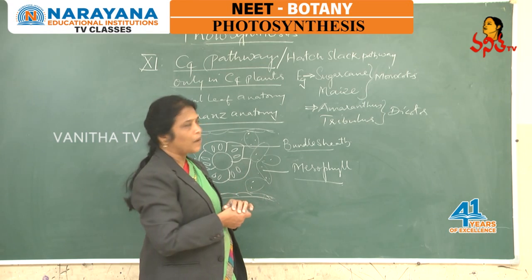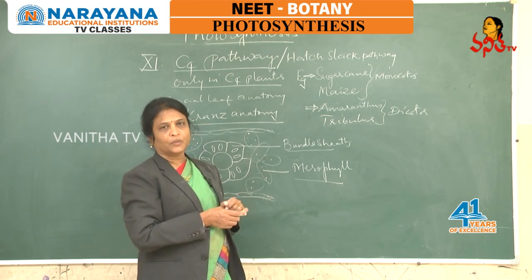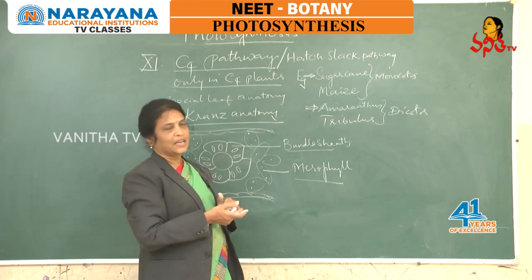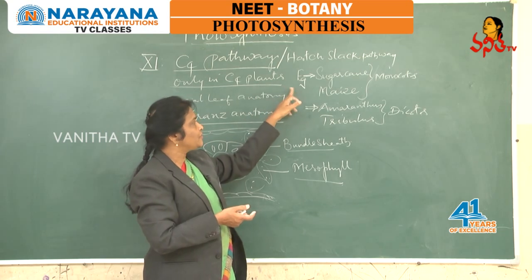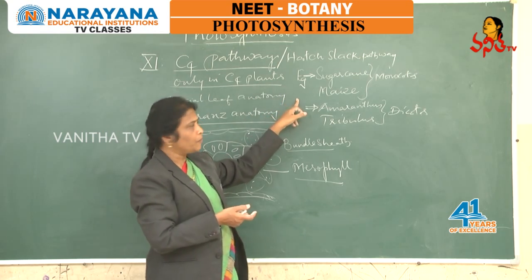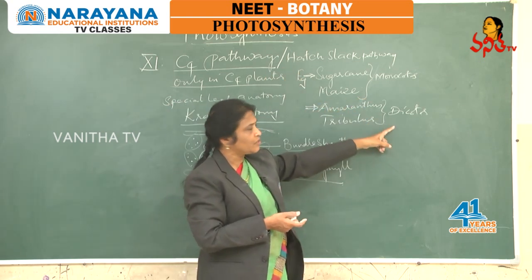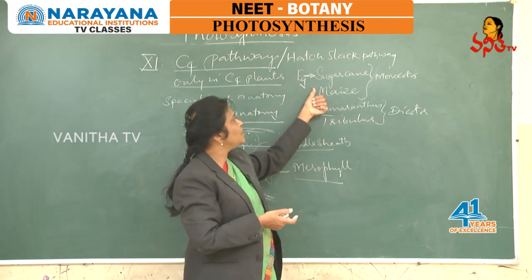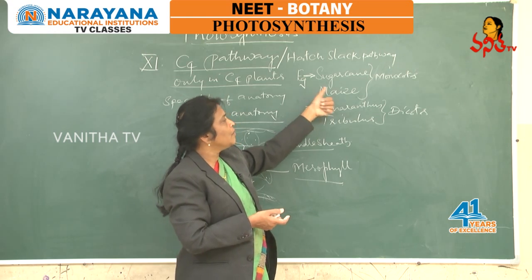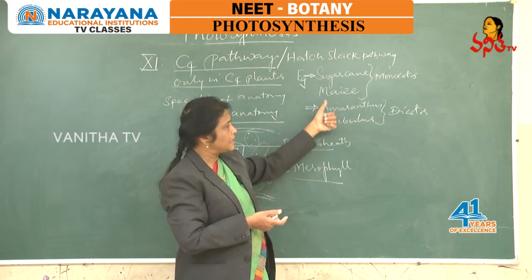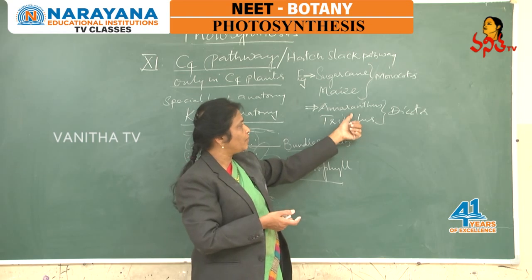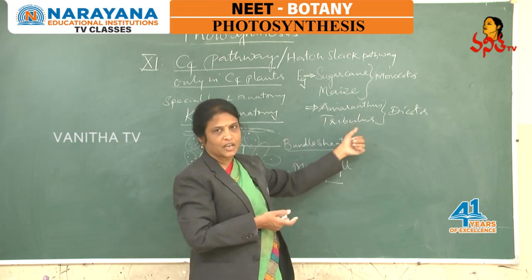So, C4 plants perform the C4 pathway as well as the C3 cycle. The additional pathway for CO2 fixation is the C4 pathway, and the examples include both dicots and monocots. Initially it was observed only in monocots like sugarcane and maize, but later it was also found in such dicots as amaranthus and tribulus.